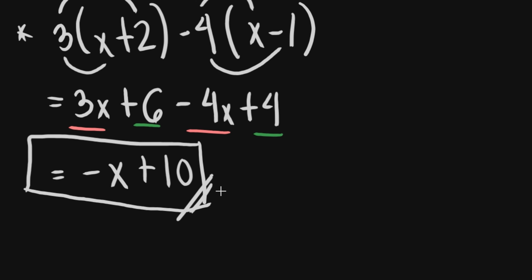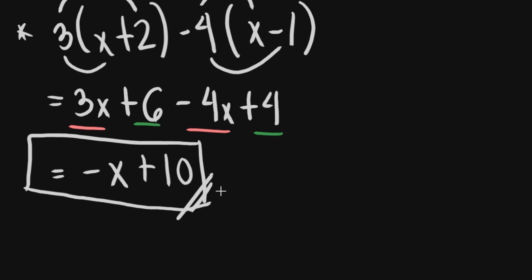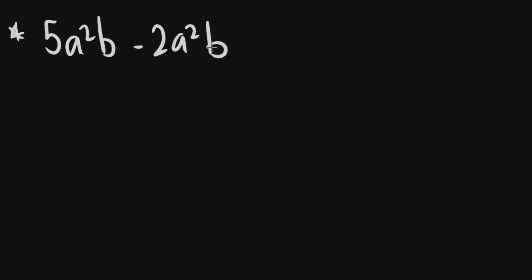Let's proceed to the next problem. So our next problem would be 5a squared b minus 2a squared b and positive 3a squared b.